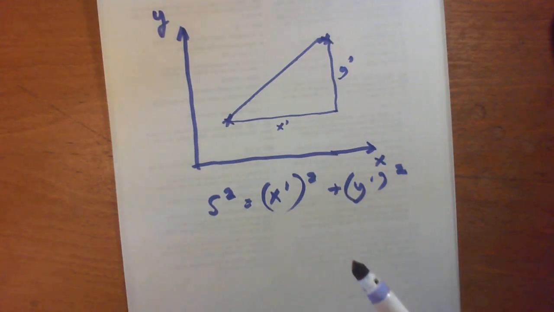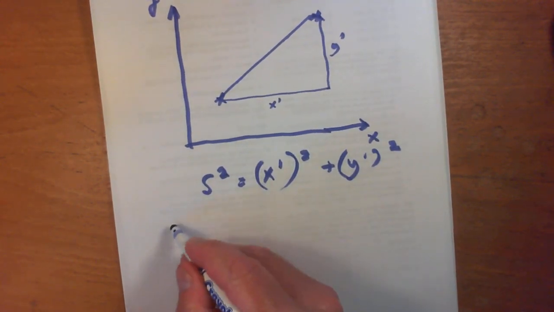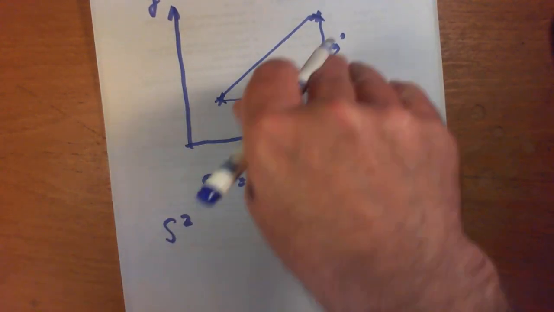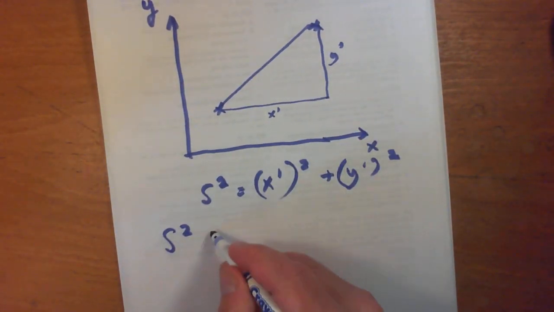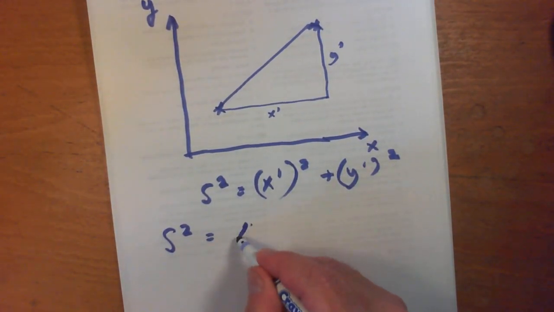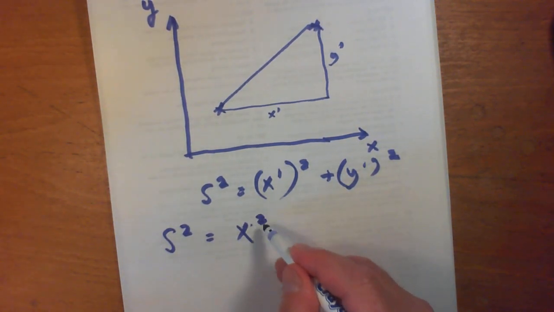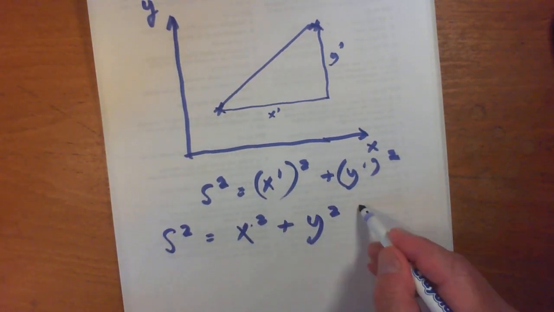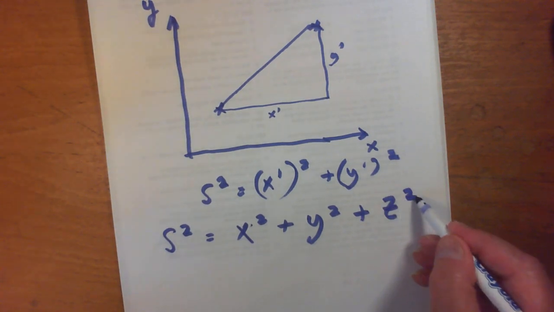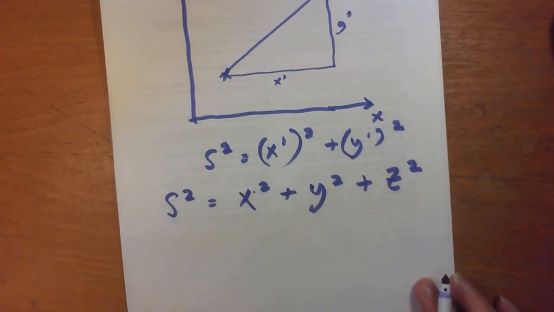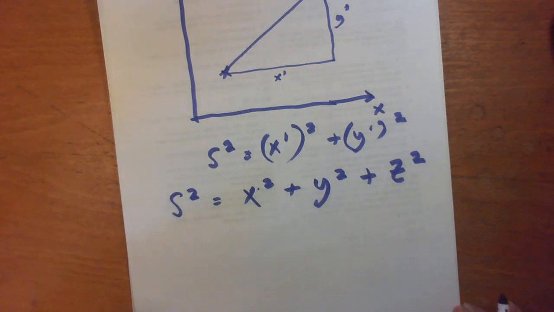So Pythagoras would also work in that sense. You'd have a three-dimensional line. You'd have s squared equals, instead of calling it x prime, I'll just call it x, squared plus y squared plus z squared. And that would find the distance within 3 dimensions.